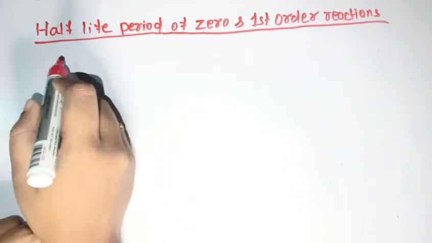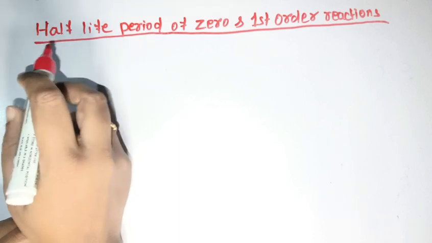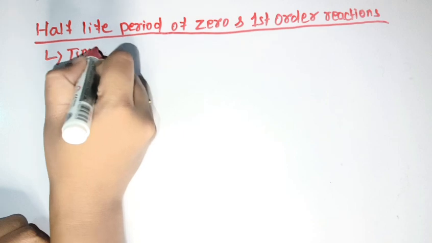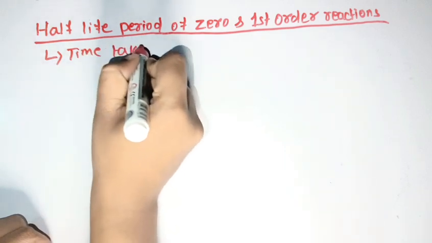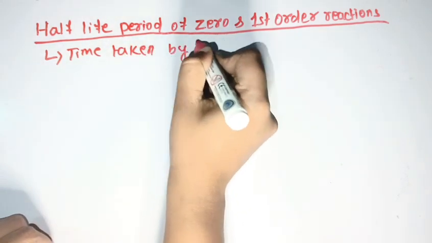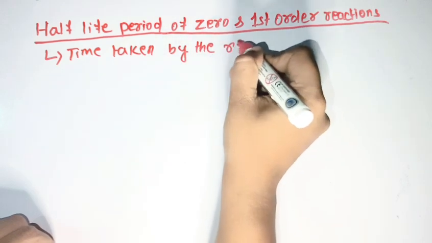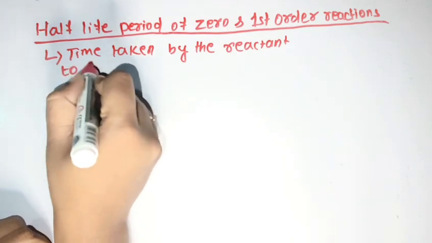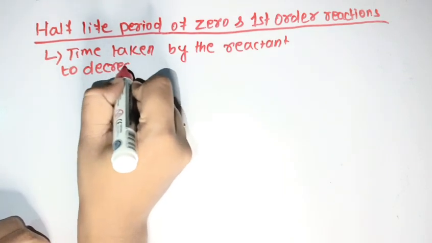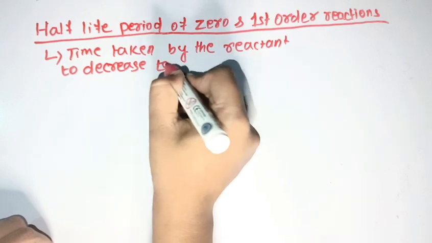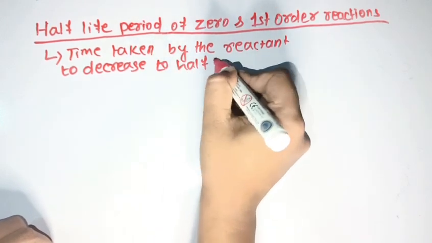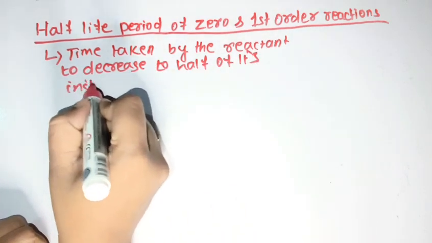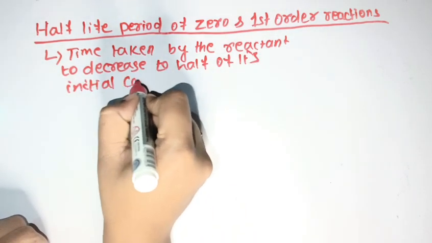Half-life period of a reaction is the time taken by the reactant to decrease to half of its initial concentration.